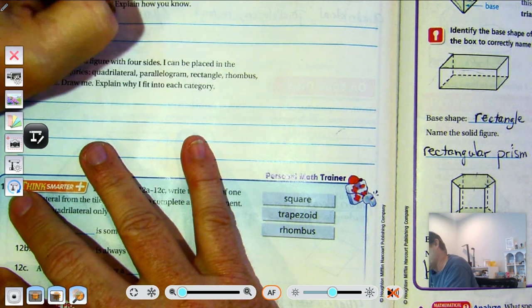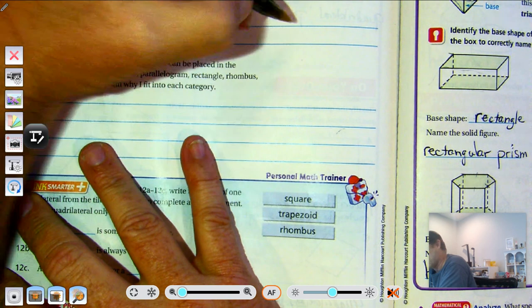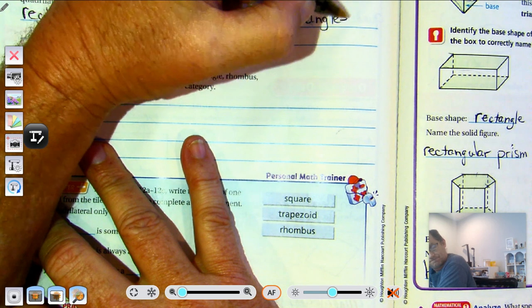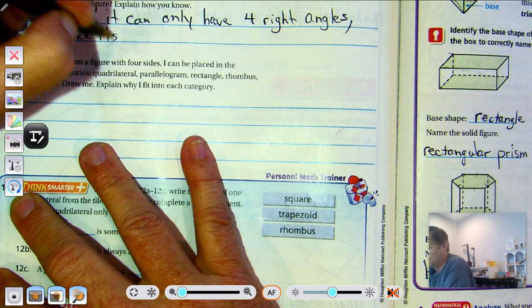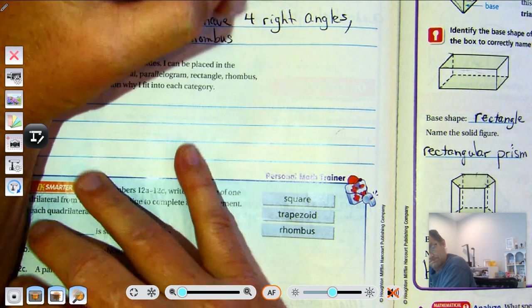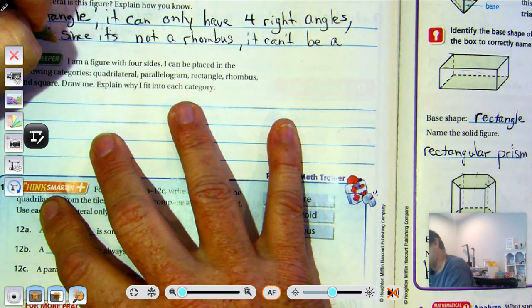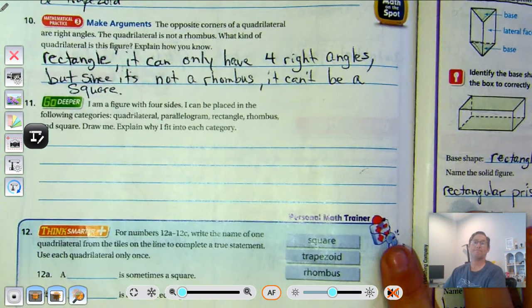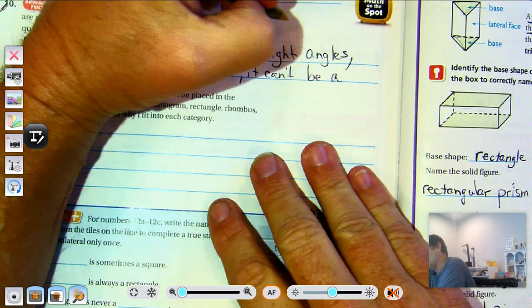Okay, because it can only have... This is basically what they're telling us.